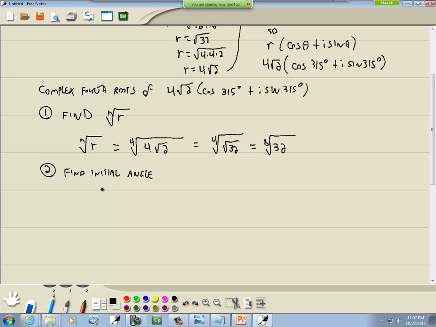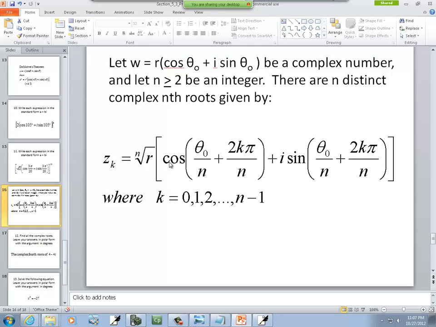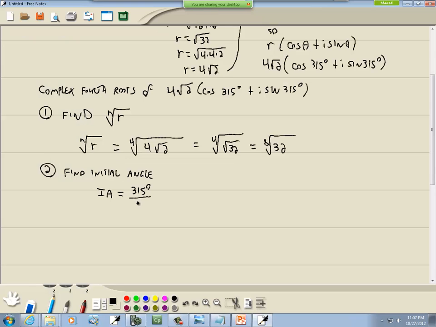So our initial angle, I'll call that IA, would be theta, which was 315 degrees here, divided by, and again we're dividing by n, so we're dividing by 4. Where's my calculator? Okay, 315 divided by 4. So we get 78.75 degrees.